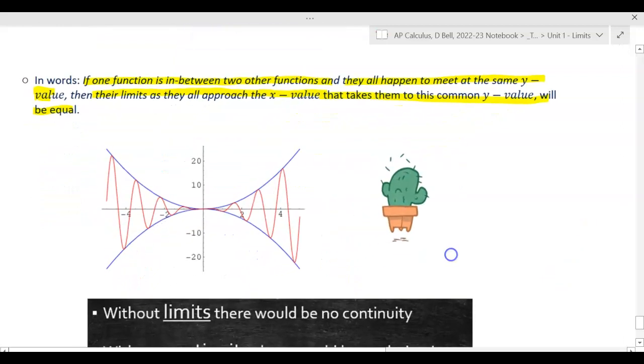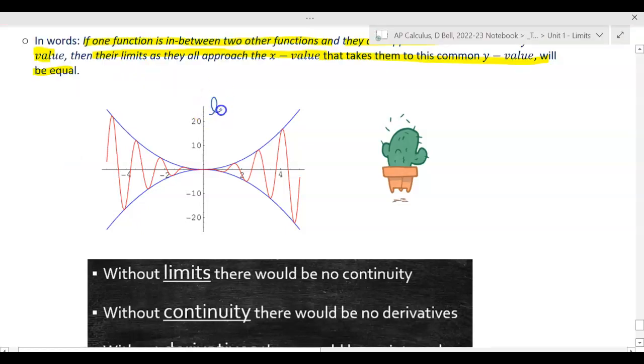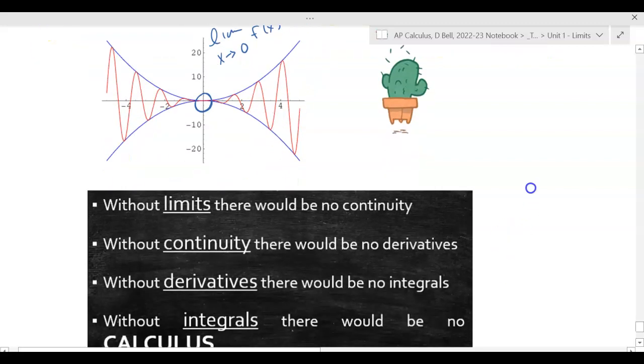Here you can see an example where we have this oscillating function in between the top and the bottom functions. So the limit as x approaches 0 for all three functions is going to equal 0. Top's going to 0, the bottom's going to 0, the middle's in between, so therefore it's also going to 0.